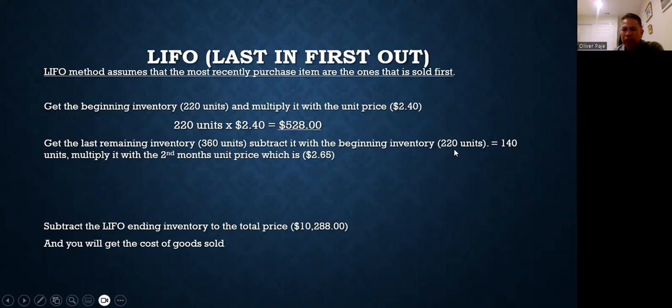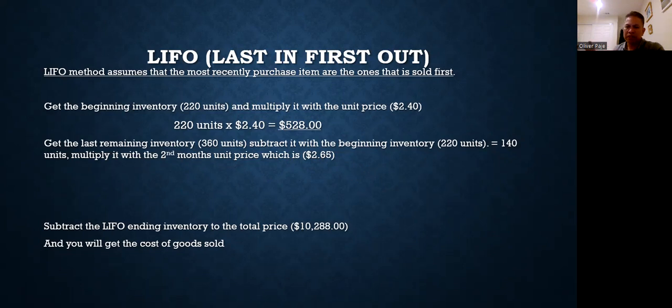You will get 140 units. And then multiply the 140 units with the second month unit price, which is 2.65. So you have 5 months.